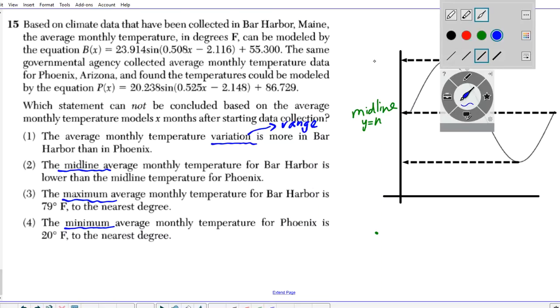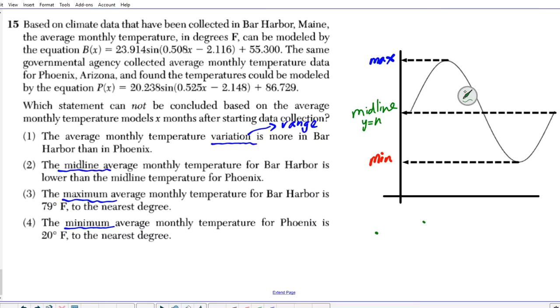So this is your maximum right here, your max, and this is your min. Okay, now how do you get from your max to your min? Well, the distance from the max to the min is your variation.